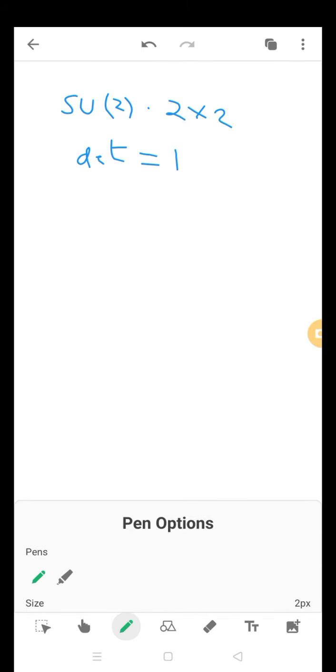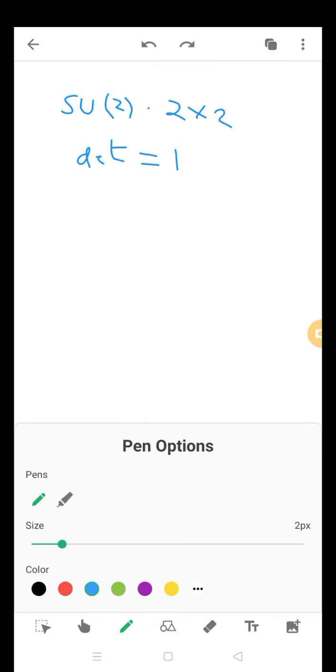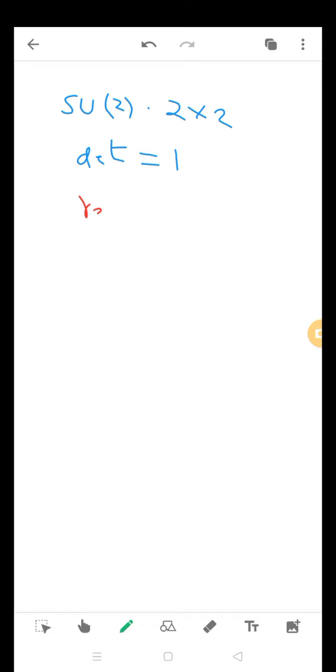Now this group is again a reducible group. There are two types of group, one is reducible and one is irreducible. Now how do we define reducible and irreducible?